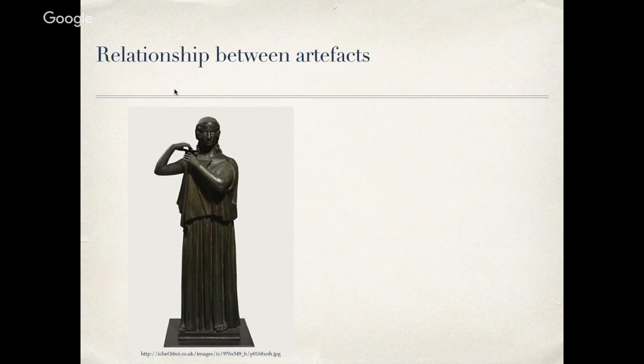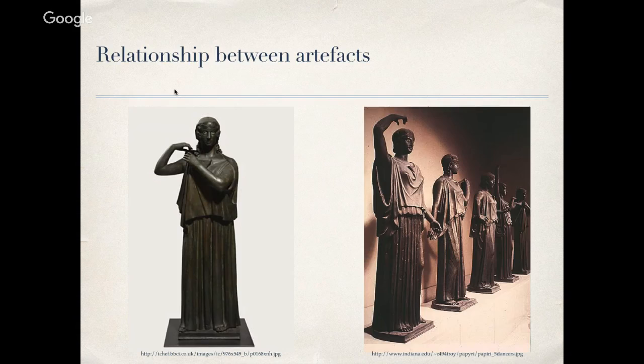And of course, it's a very interesting artifact, and it already gives us a lot of information about Roman art, about Herculaneum, and we can already look at the eyes and the posture and the draping of the clothes and everything. But when we learned that this artifact was actually part of a group, it wasn't alone, it was part of a group of dancers, then we look at that artifact in a different way.